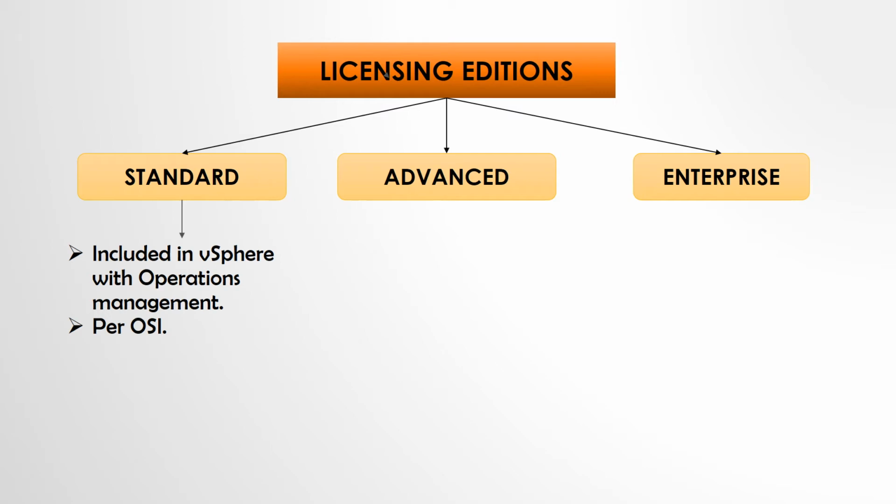This edition includes out of the box dashboards and reports, what-if scenarios, and guided remediation. This edition also allows a user to set policies and create alerts with custom recommendations for remediation. This version is included in vSphere with Operations Management and can be licensed standalone also, per OSI based.